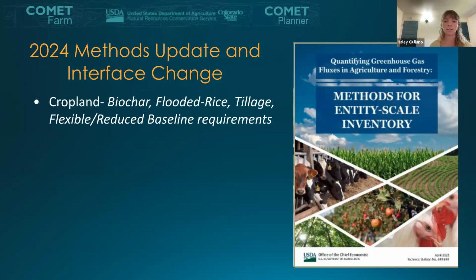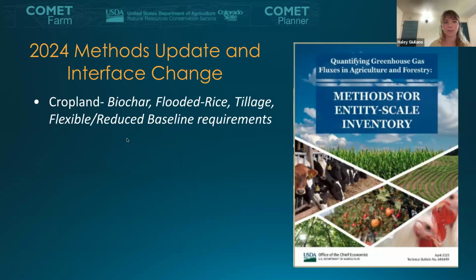But with the new methods update, we'll see some new management added as well as the new interface. I believe this answers one of the questions in the chat as well. With the new interface and new methods, we're going to see updates to added biochar, and flooded rice for specific areas in the US. Big tillage changes: more options and a lot easier to add in, as well as a flexible baseline and reduced baseline requirements.